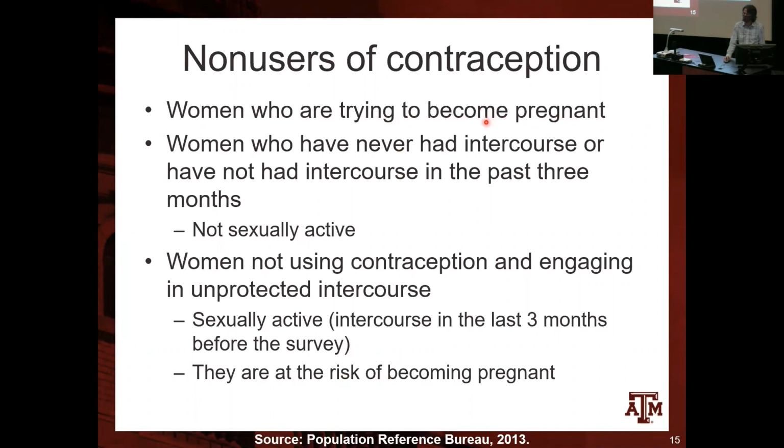They're not like the women in the previous group. They're not using contraception, they have been sexually active, and they report in the survey that they do not want to become pregnant.